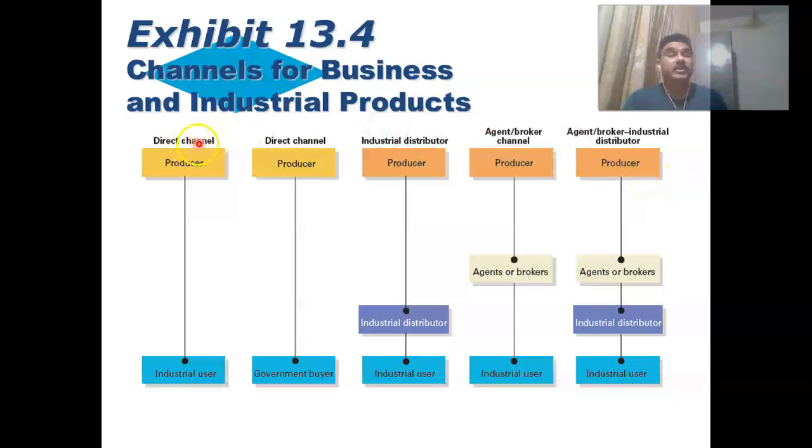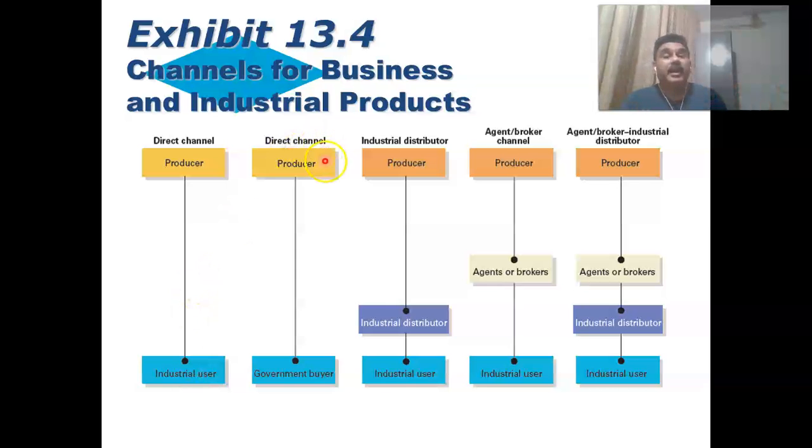The first one is the direct channel, the same thing, where producers directly sell their equipment or machinery to the industrial users, right? For example, if some producers are manufacturing packaging machines, that packaging machine is directly sold to the industrial user who is involved in packaging certain products.